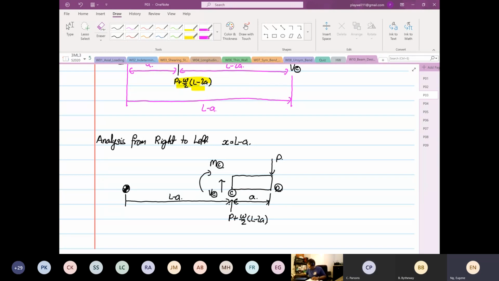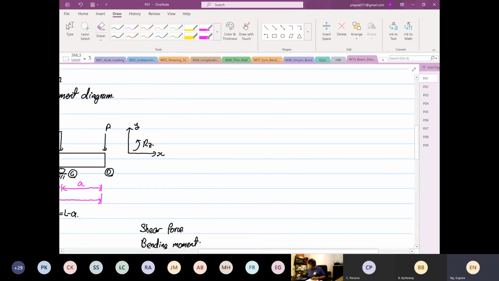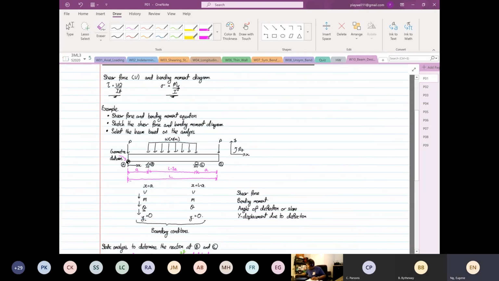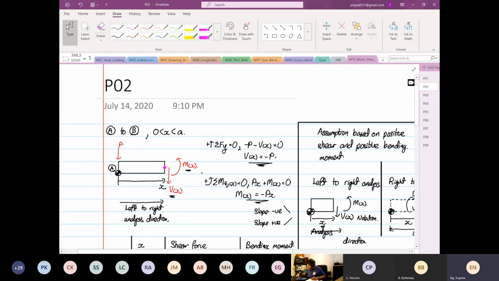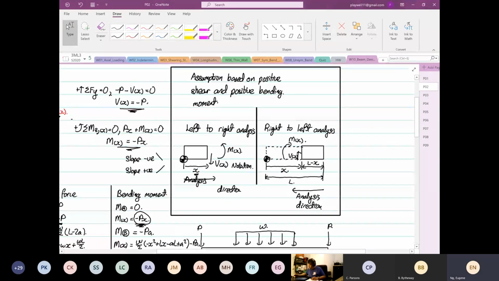Does that make sense? Look at where we started. I deliberately made you learn this, right? The assumption based on positive shear, positive bending moment. If you go from right to left now, this is the assumed positive bending moment, positive shear.